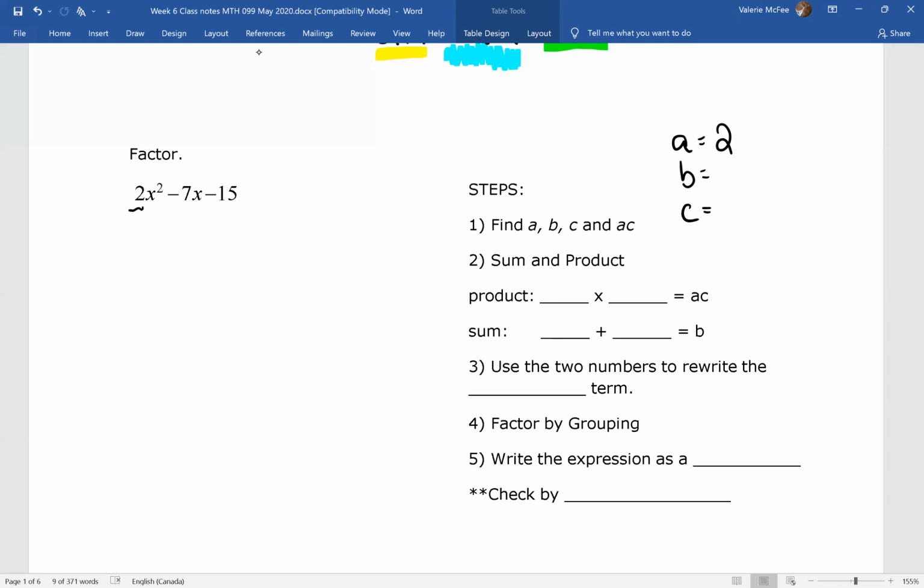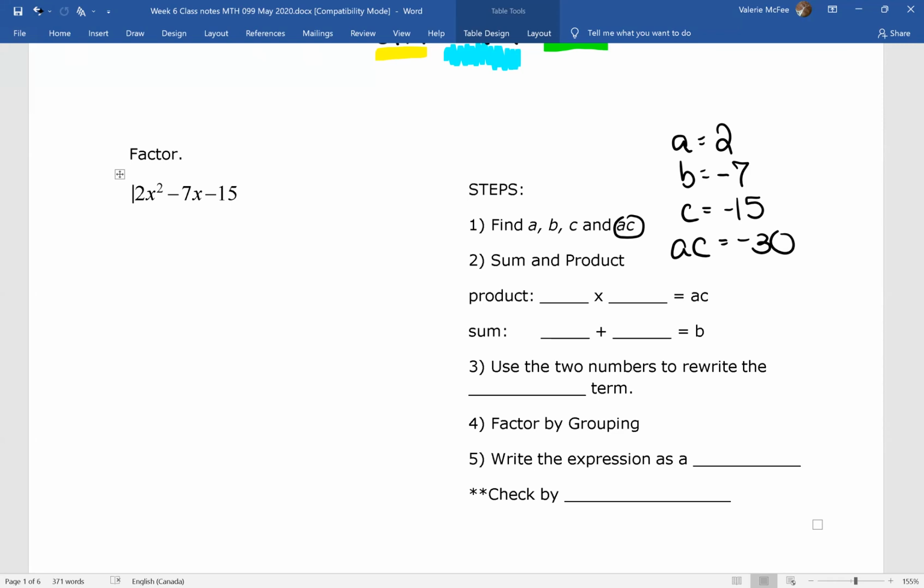Remember that A, B, and C are the numbers that are found in our quadratic expression. So we see that B is negative 7 and C is negative 15. We also want to find A times C. So we see that A times C is negative 30. Don't leave off the negative signs. That's going to make a difference for us.